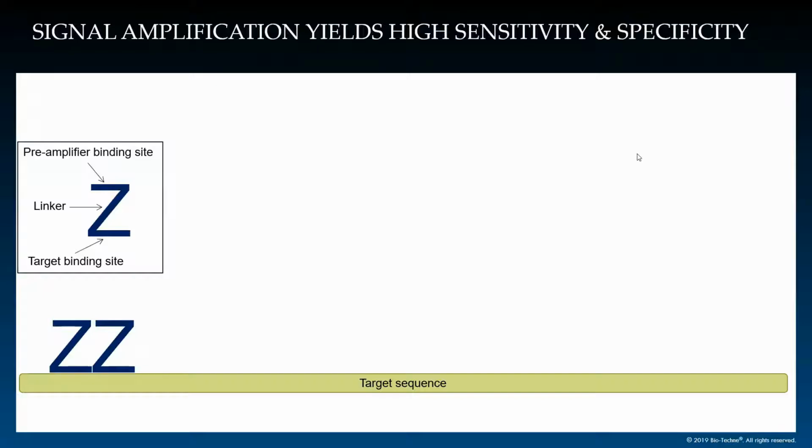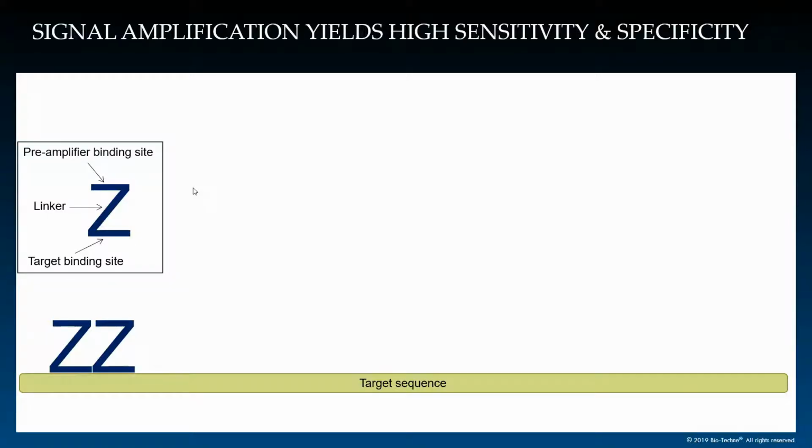And we take extreme pride in our probe design strategy. As you can see on the screen, the probe we depict as a Z molecule, which identifies different parts of the probe, namely the target binding site, which is the part of the probe that binds onto your target sequence. So it's complementary to your RNA target. Then we have the preamplifier binding site, which forms the basis of developing the amplification tree.